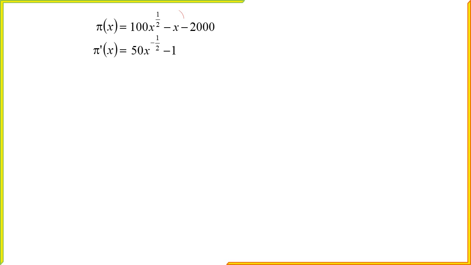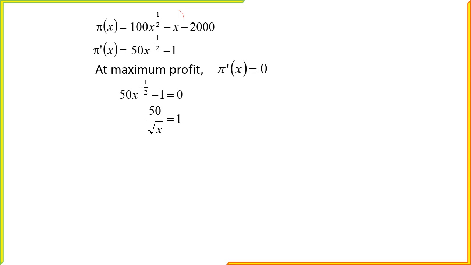And differentiating negative x gives negative 1. So we have 50 over square root of x minus 1. This is the second step. To find the maximum profit, we need to let pi prime(x) equal to 0. After we rearrange, we get 50 over square root of x is equal to 1.